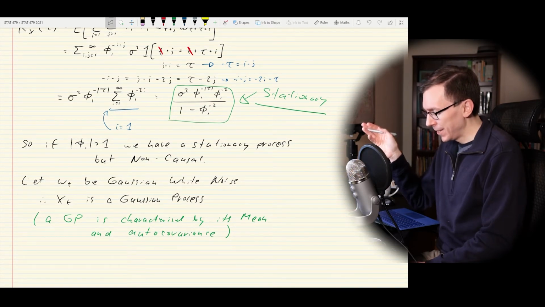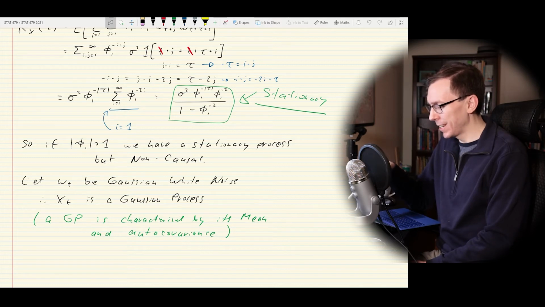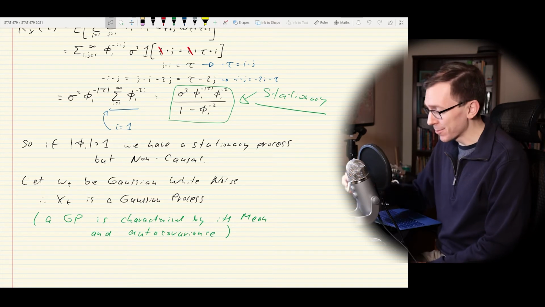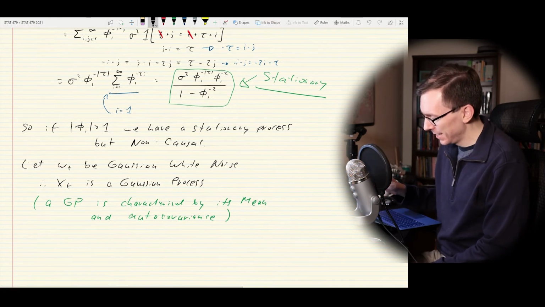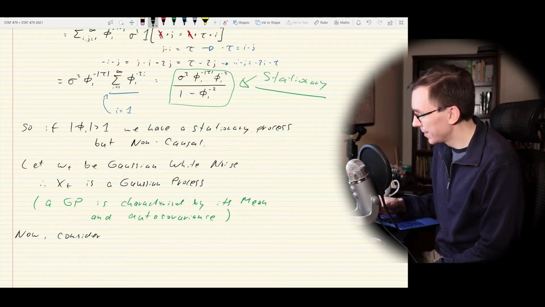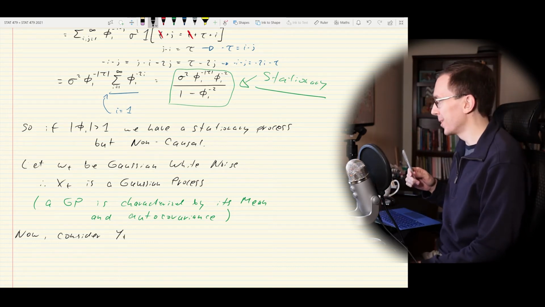So is there another process that has the exact same autocovariance as that big green one? The answer is yes, and we're going to write it down. So let's now consider YT. And there really is a statistical reason why we're going through all this.